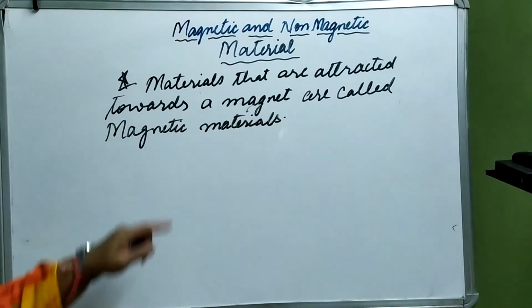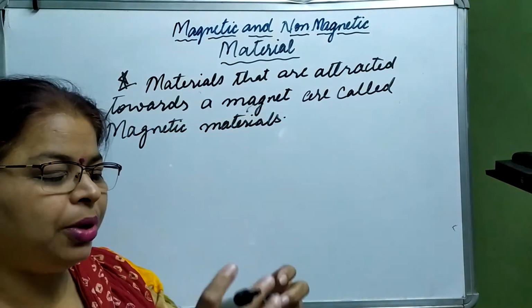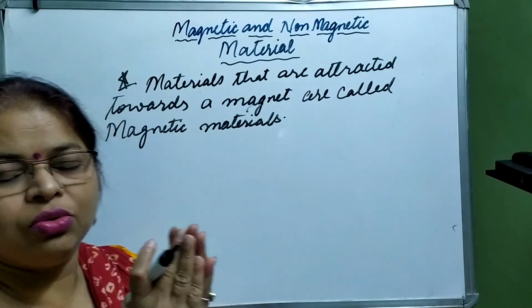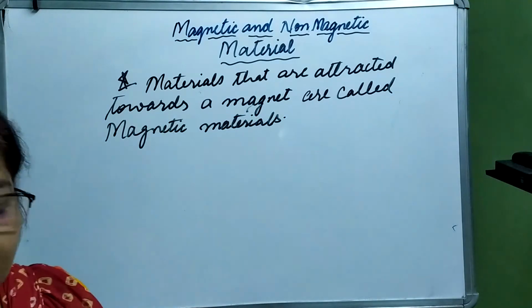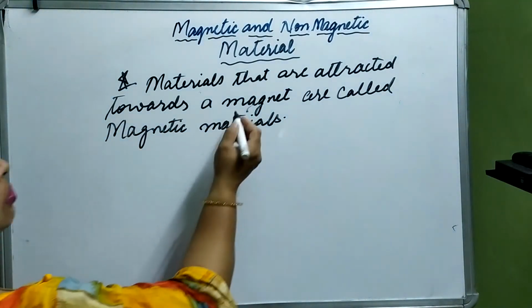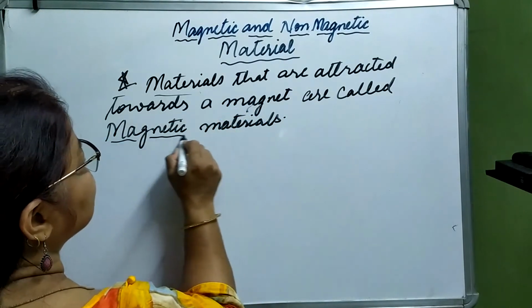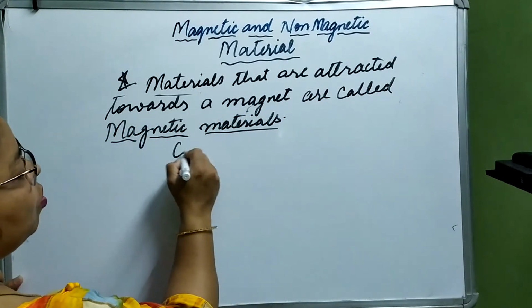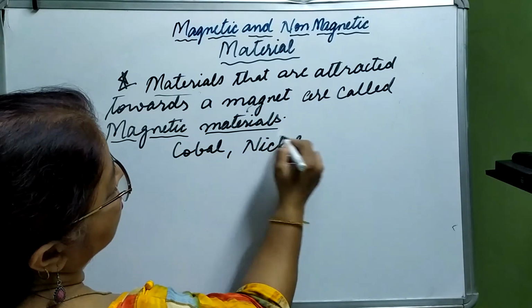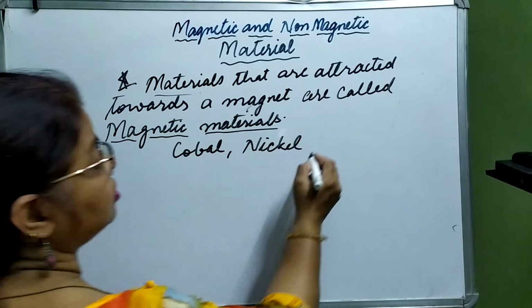Okay, the ones which are attracted, when we bring a magnet nearby some object and it gets attracted towards it, we call it magnetic material. Now these magnetic materials are made up of cobalt, nickel, or iron.